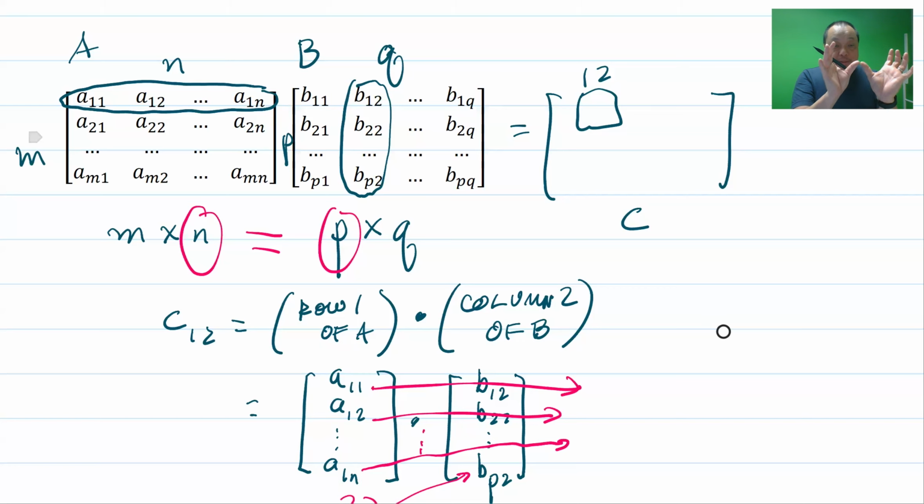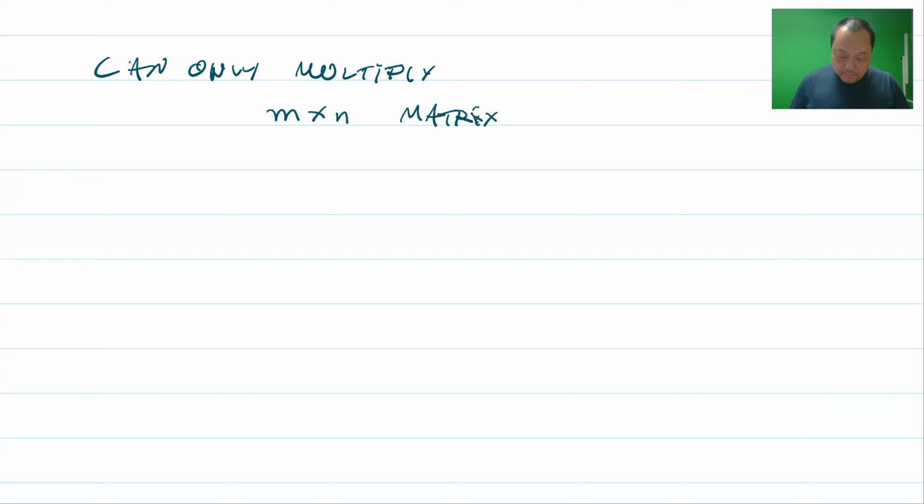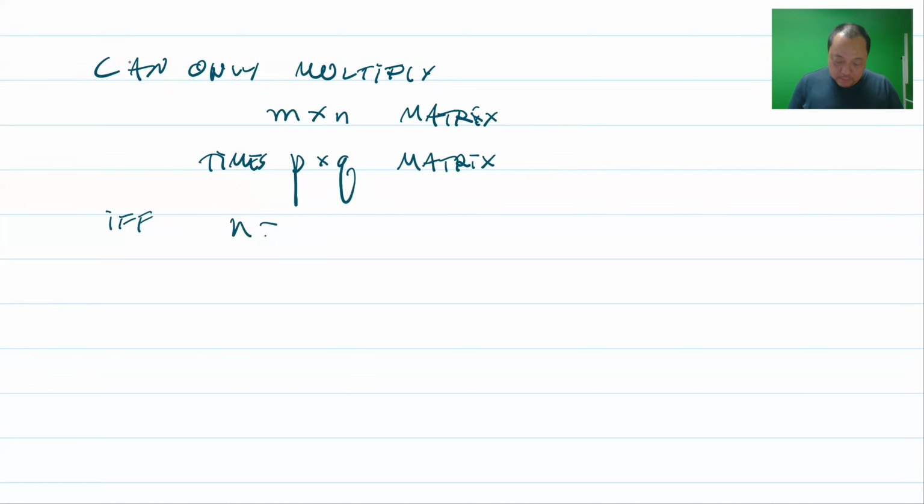N has to be the same as P, P has to be the same as N. So let's write that down. We can only multiply an M by N matrix times a P by Q matrix if and only if N equals P.